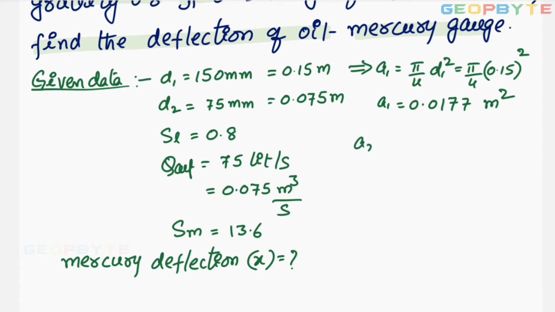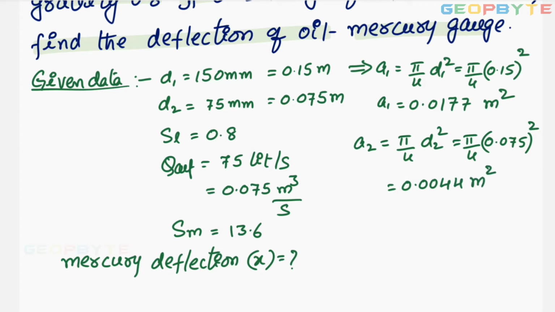Similarly, get A2 equal to pi by 4 into D2 square, pi by 4 into 0.075 whole square. Simplify it for getting A2, 0.0044 meter square.